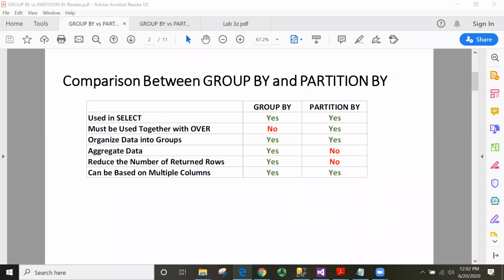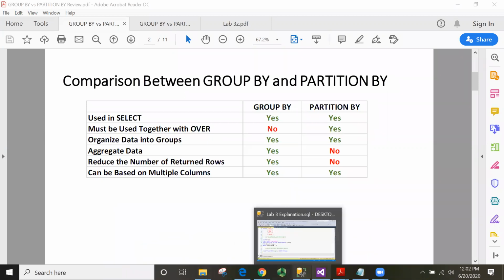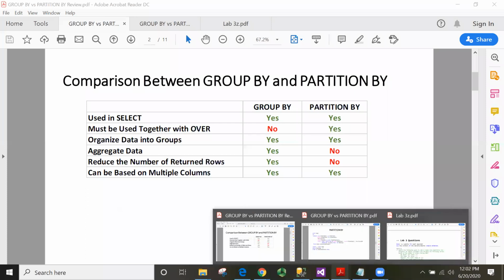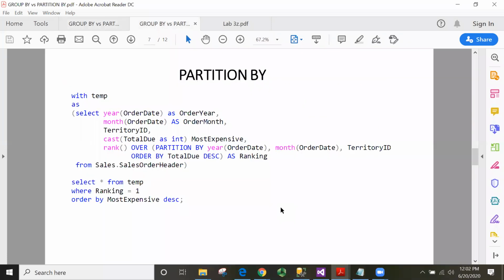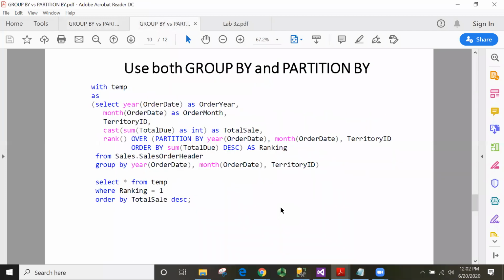So let's look at the solution here. Take a close look at the solution.